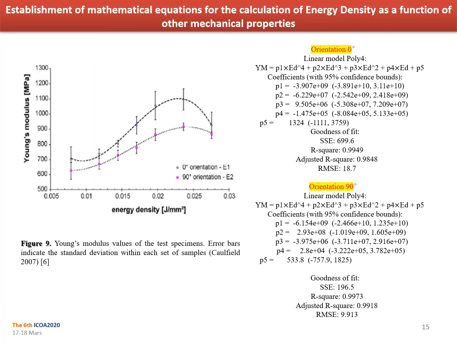We have done the same thing here. Figure 9 shows the Young's modulus values of the test specimens, from the work of Colfide in 27. We have used the linear model method for the two orientations, the orientation 0 degree and the orientation 90 degree.